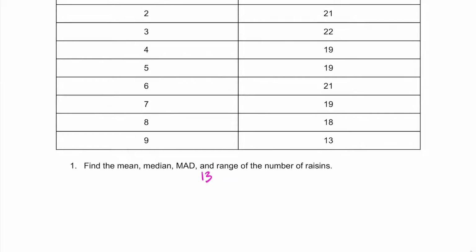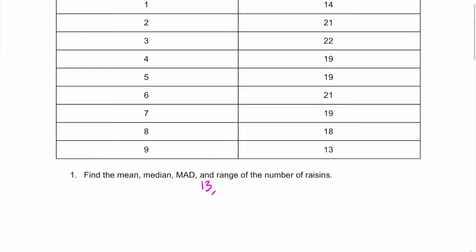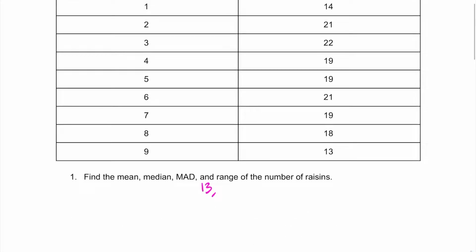This is just to prepare myself for finding the median, and also when we calculate the MAD and everything like that, it's just nice to have an organized set of numbers.